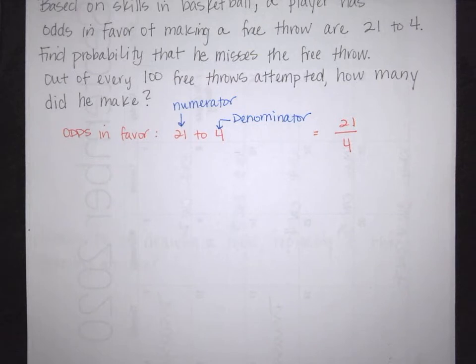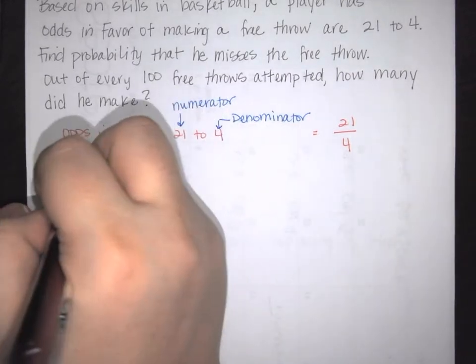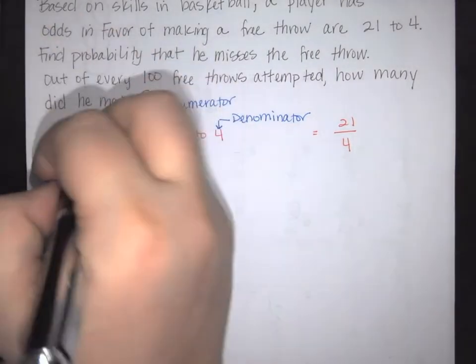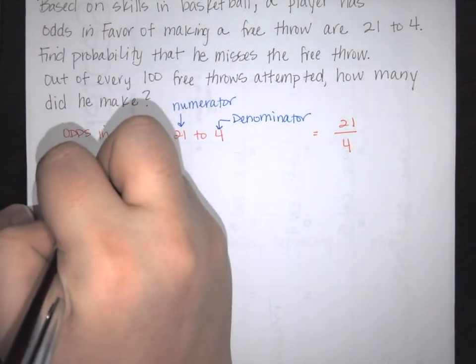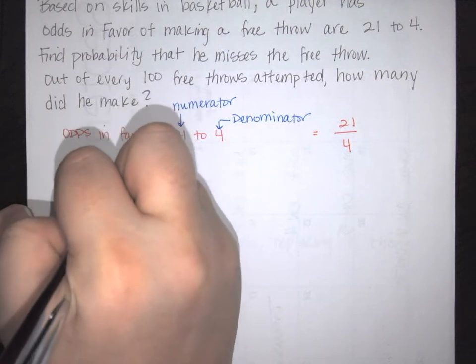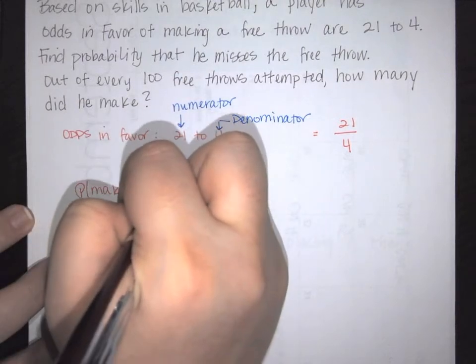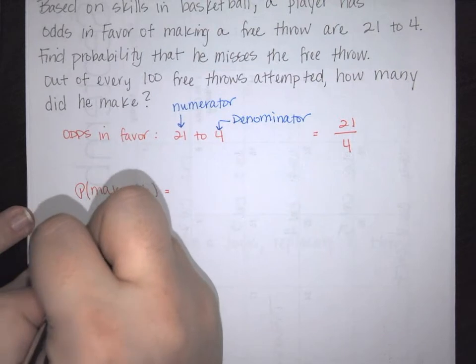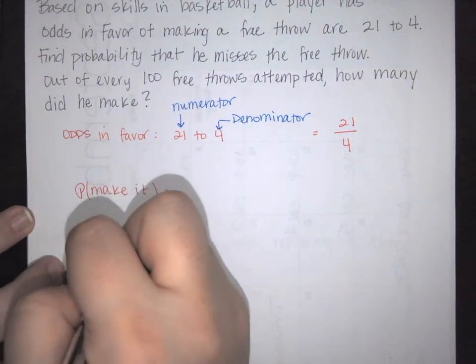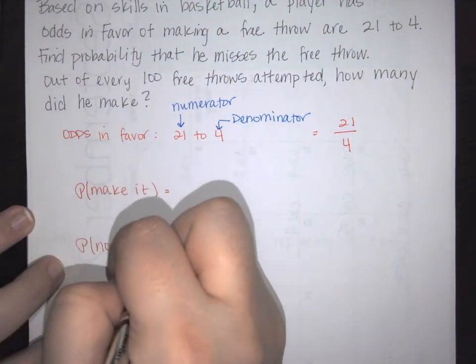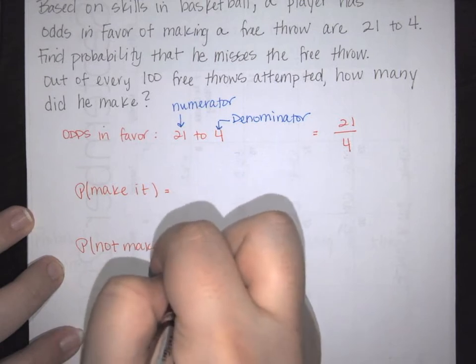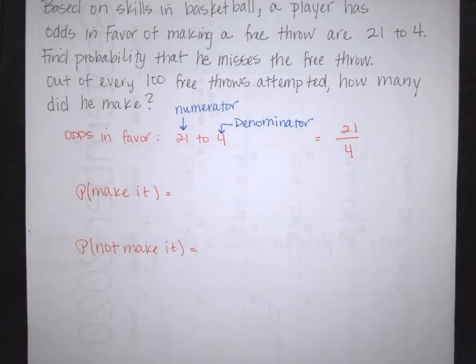So essentially, out of every 100 free throws attempted, how many did he make? First of all, I have to look at my probabilities. I need the probability that you're going to make it, and the probability that you're not going to make it, and those are two different probabilities.